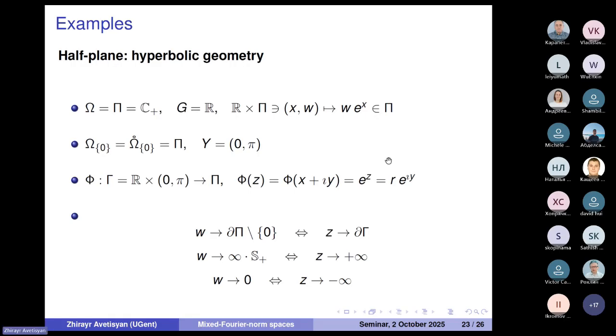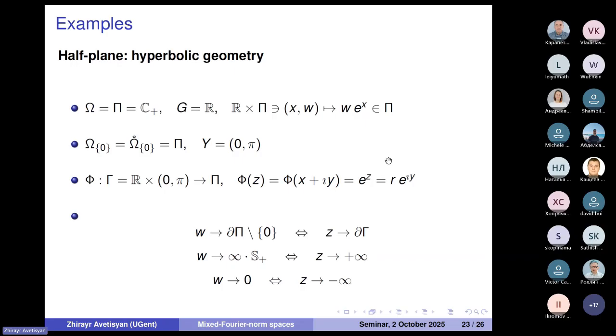The group is the real line, the real numbers, and it acts by dilations. So every element x of R, the group, acts on the complex point W by stretching it in radial directions. You basically multiply it by e to the x. These are stretching or dilations from the origin towards infinity.